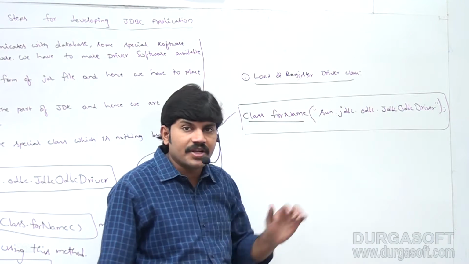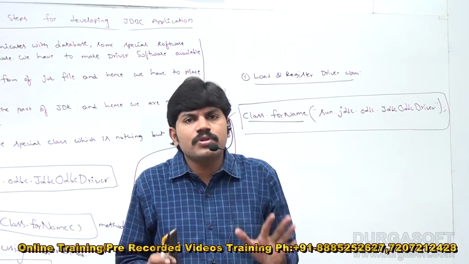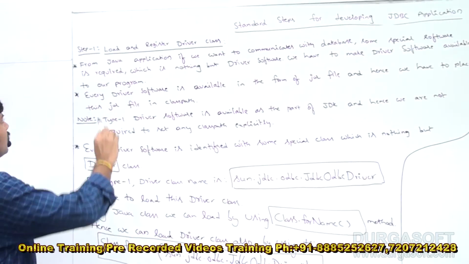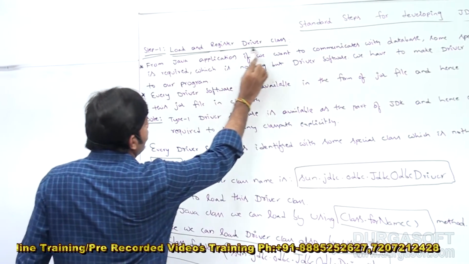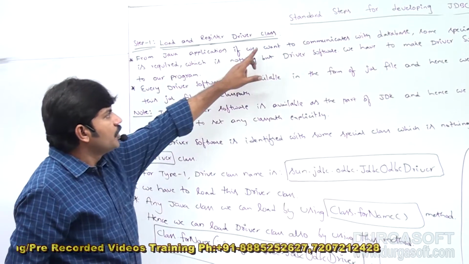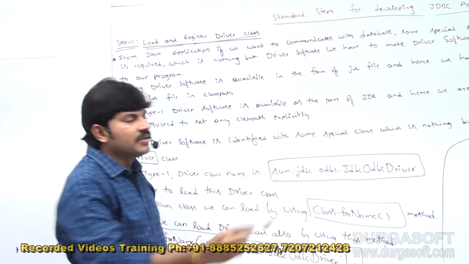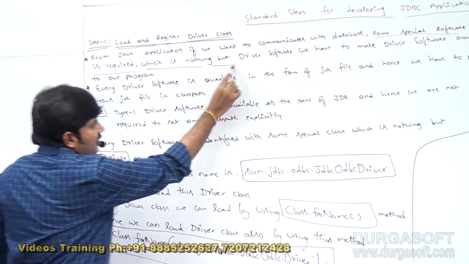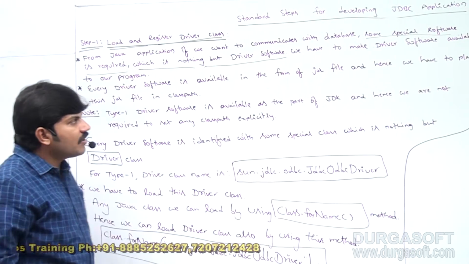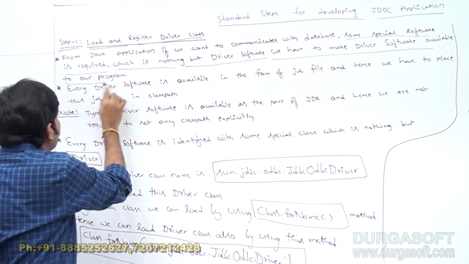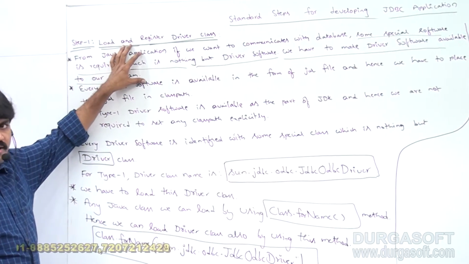This is the activity we have to do. Up to this, let me summarize. Observe that. What is our first step? Load and register the driver class. From a Java application, if we want to communicate with the database, some special software is required, which is nothing but the driver software.